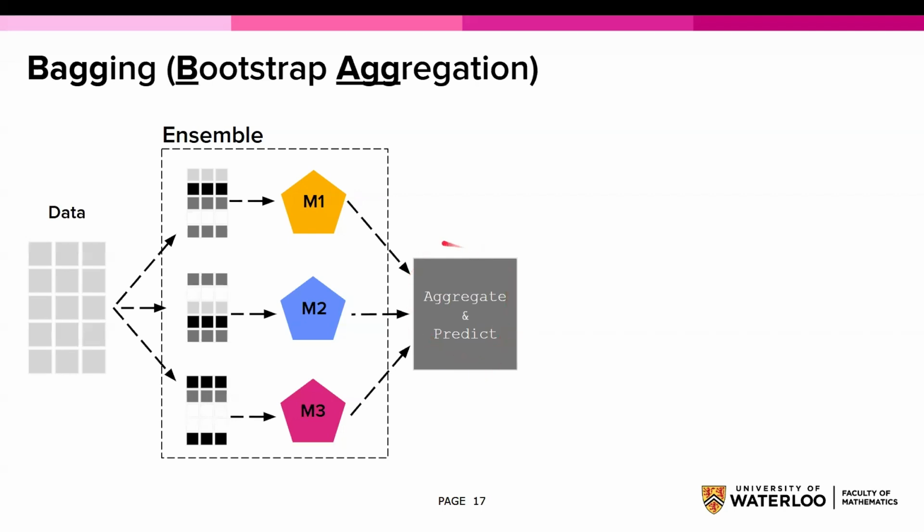This aggregation is key because it means that we're not relying on a single model's possibly noisy prediction. We're instead combining all of them to get a stable result. This approach is called bagging, short for bootstrap aggregation, or bootstrap aggregating, I guess.